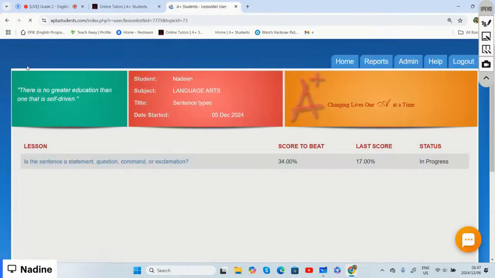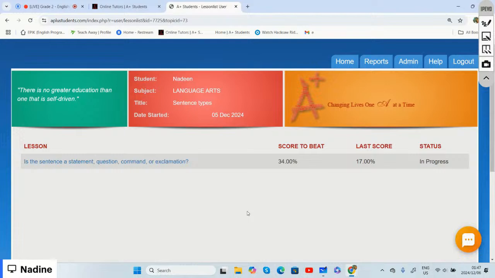All right. So this is now the end of our lesson on sentence types. We said we have four different kinds of sentences. We have a statement, a question, a command, and an exclamation. A statement basically just tells someone something and it ends with a period. A question asks a question and it ends with a question mark.